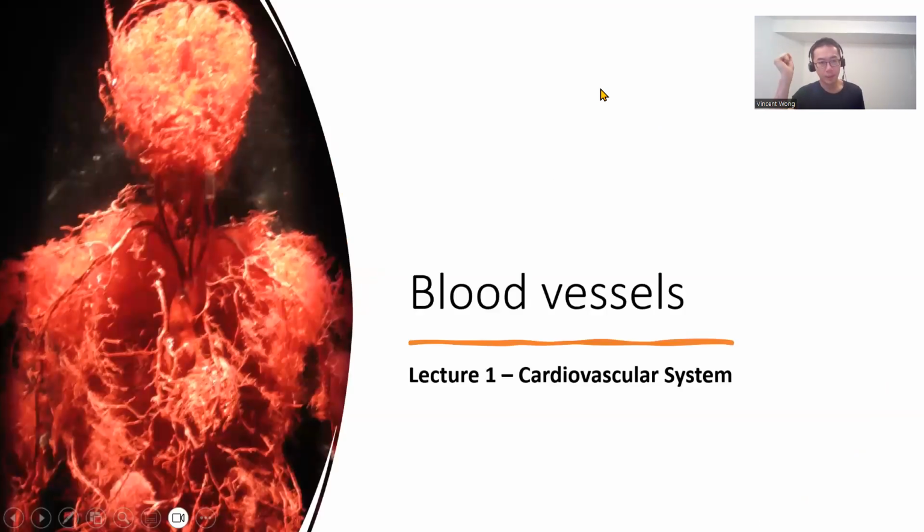Next, we will be talking about blood vessels. There is this thing called the Body Worlds exhibit. It was here like 15 years ago, I think, at the Science Center. But they tour around the world.